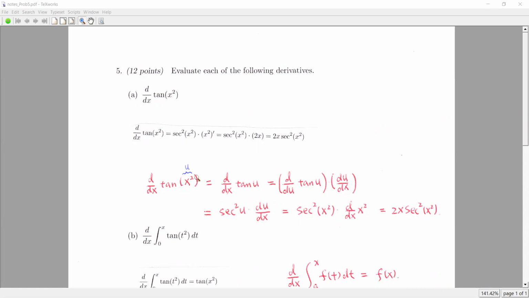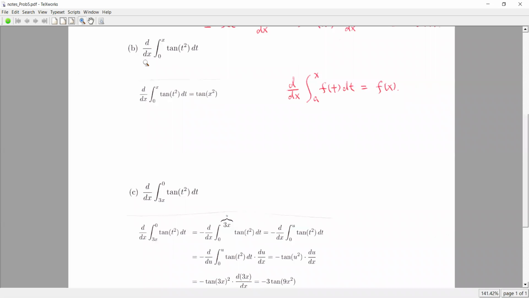Now plug in x squared in u, then I have this equation. Derivative of x squared is 2x. This is the answer to part A. If you are familiar with the chain rule, you can skip this step, and this step, and write your solution from here directly to here.